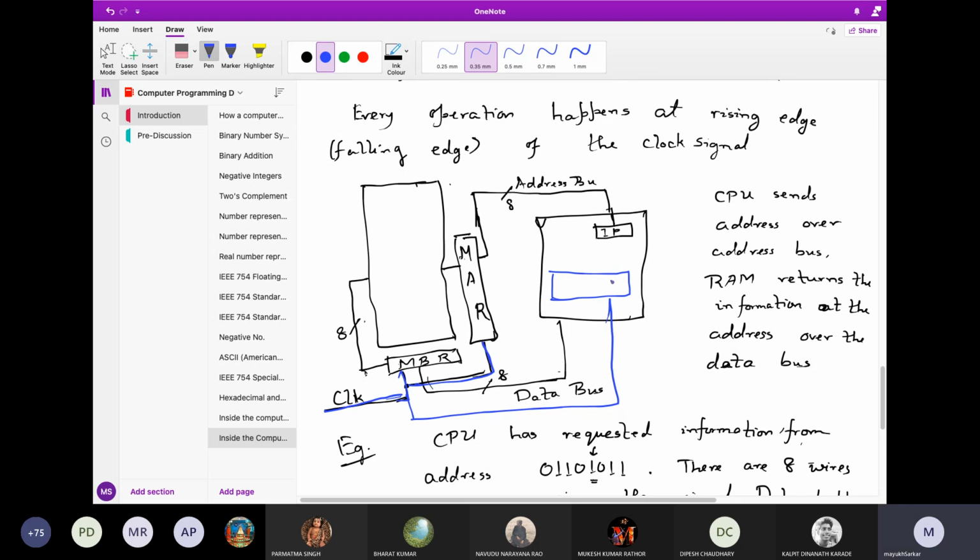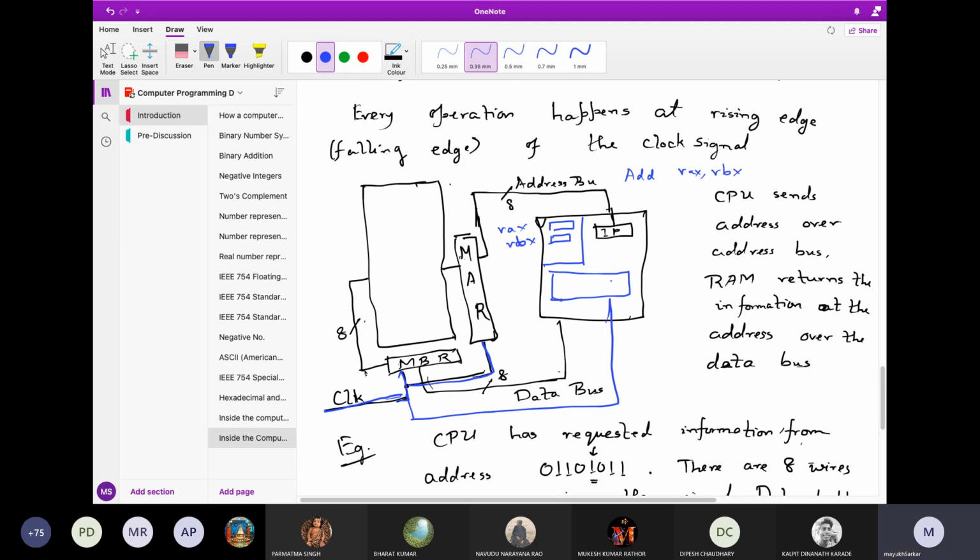Suppose at the next clock edge, the instruction has appeared something like, say there are multiple registers here. Say there are two registers. I'll tell about these registers in detail, don't worry. Suppose RAX, RBX, and my next instruction is say add RAX, RBX.